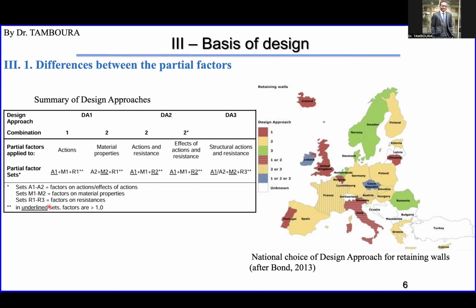For example, you apply the partial factor on the friction angle or on the undrained shear strength, this kind of soil parameter, material property. And R1 to 3 is for resistance, for example, bearing capacity. Anyway, we did all this in the previous program, so please go back and check.